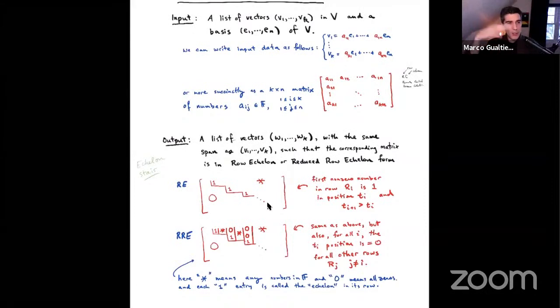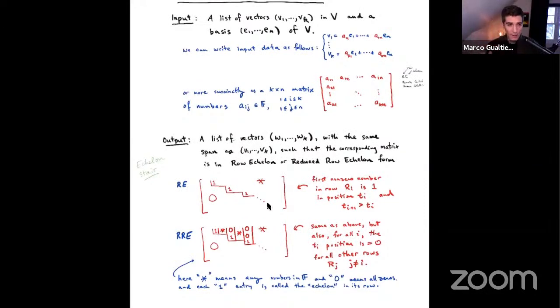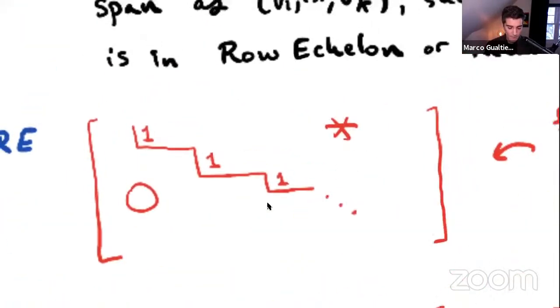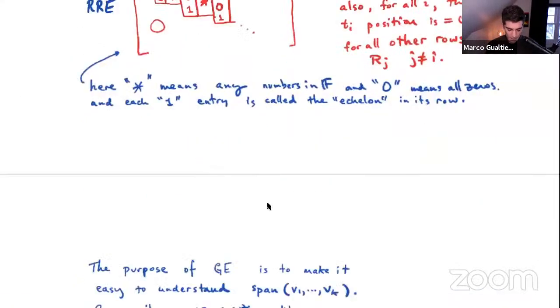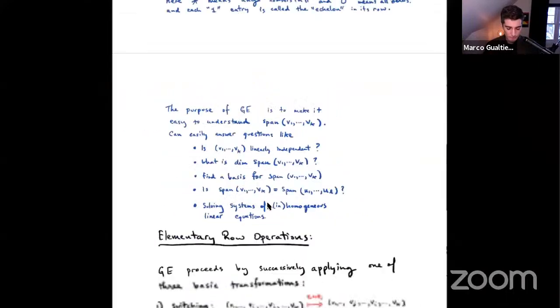I'm going to massage it without changing the span, meaning without changing the subspace that is determined by this, but in such a way that it's going to be in this form. And it'll be very useful to have a new spanning set in this form. We'll see why in a moment.